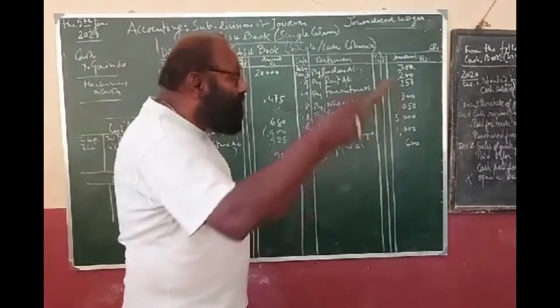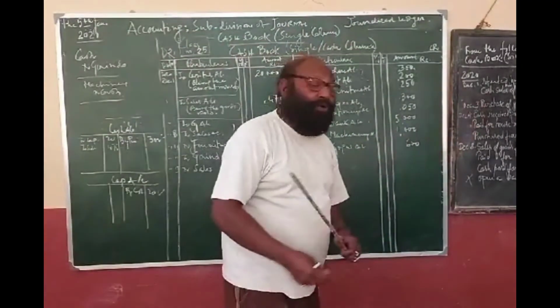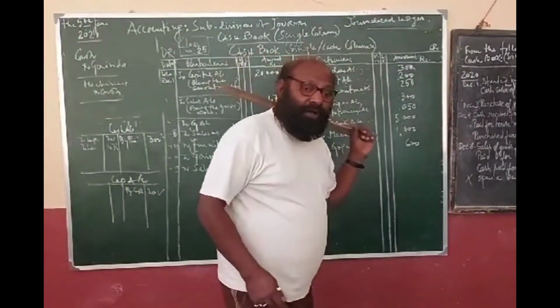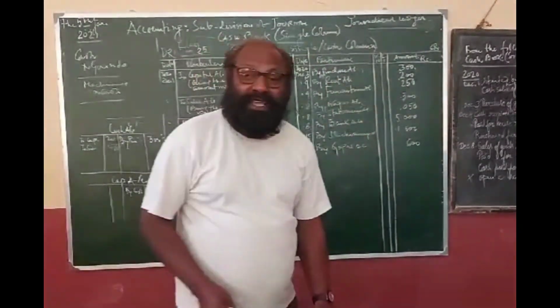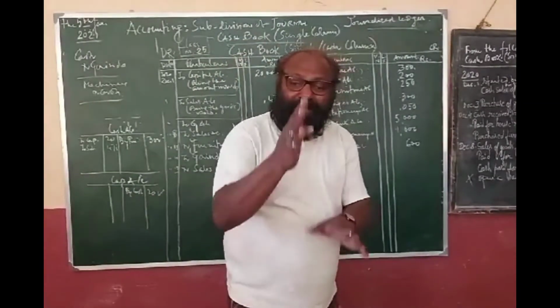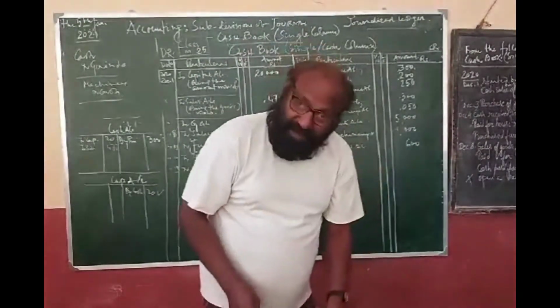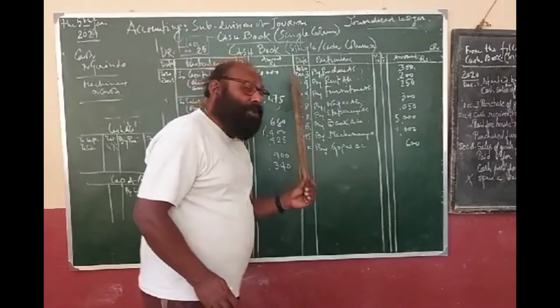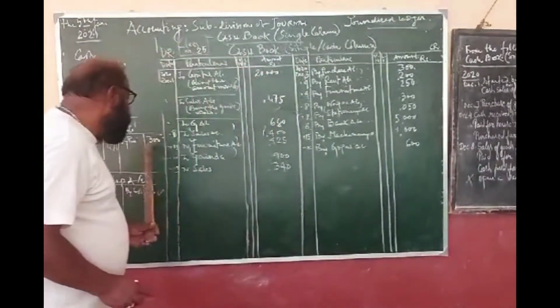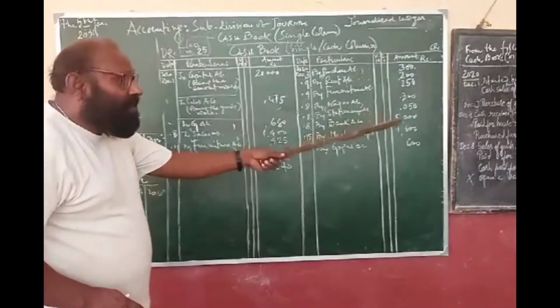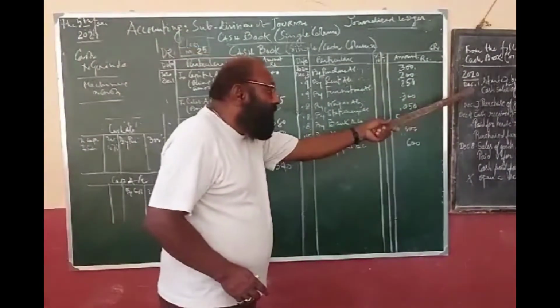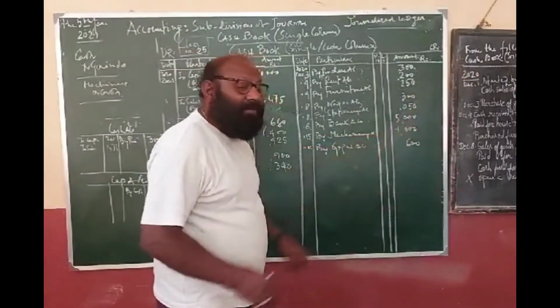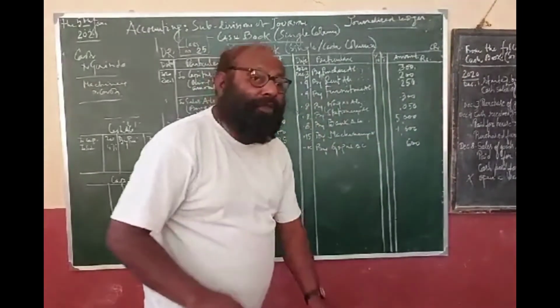Clear? So, friends, what you will do? Right now I am making only the cash book. Please record it simultaneously in your copy. Open your cash book and also open the ledger accounts, which are given separately. Basically, I have done cash account debit to capital, but I have not opened the capital account.